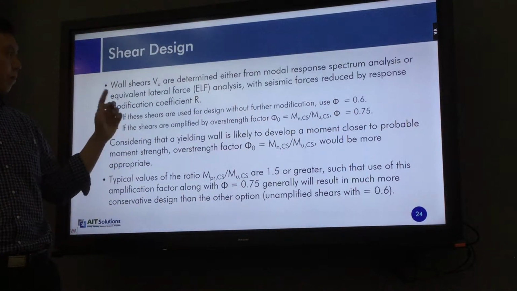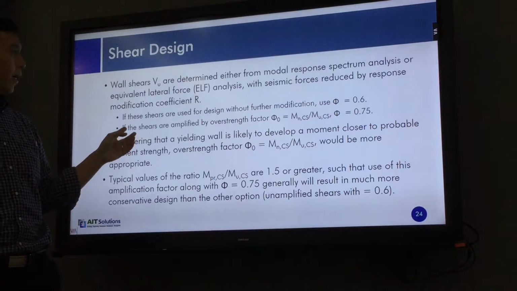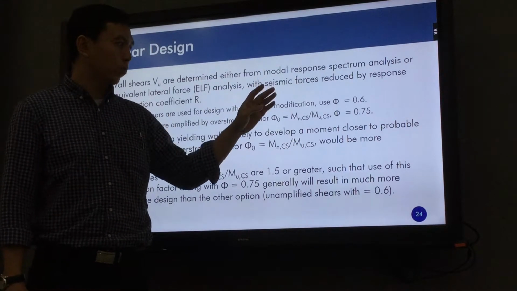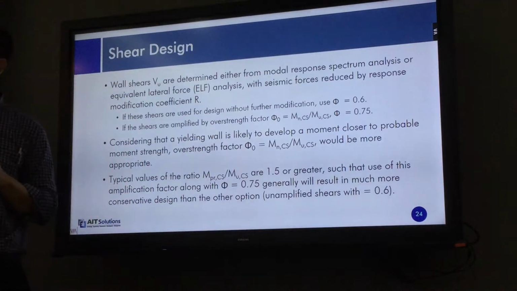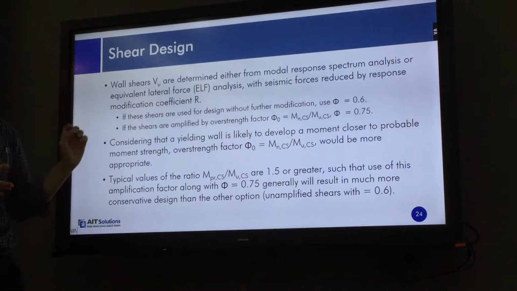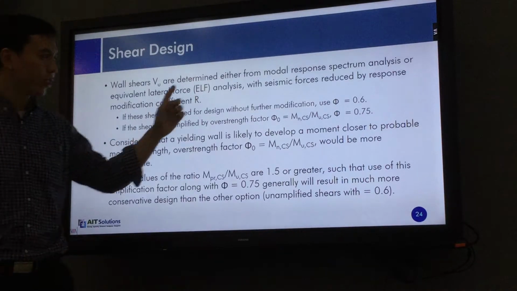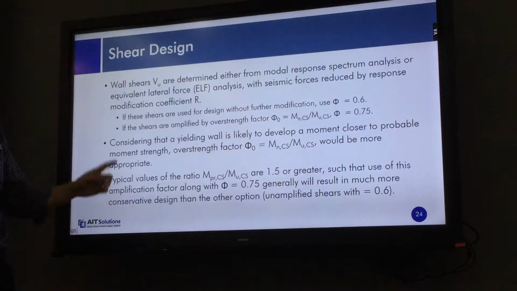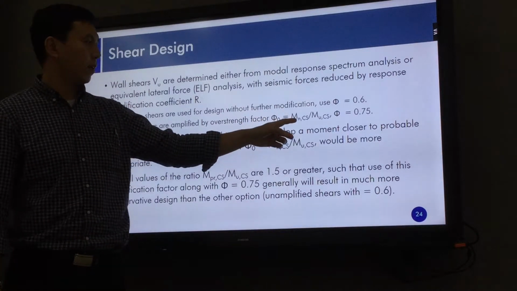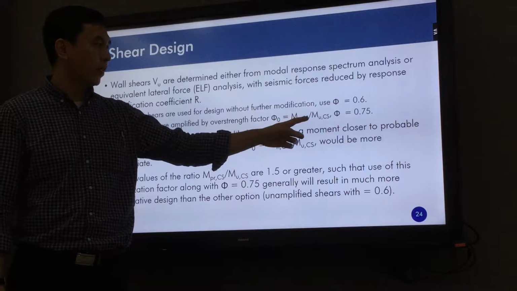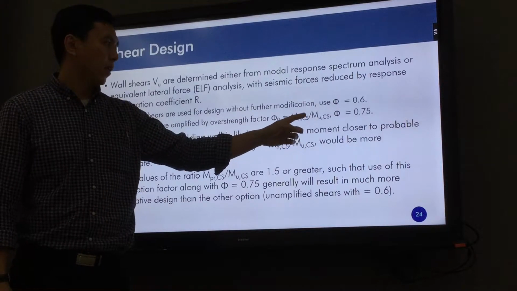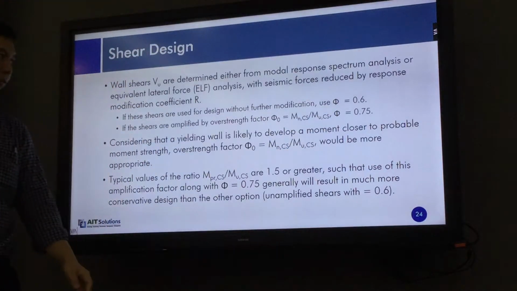If we check the probable shear demand, we can use phi equal to 0.75. But for the shear walls, it is difficult to check the shear demand based on the probable moment capacity. So we have to use either 0.6, or we can amplify the shear demand by the moment capacity of the wall divided by the moment demand, and we can use 0.75.